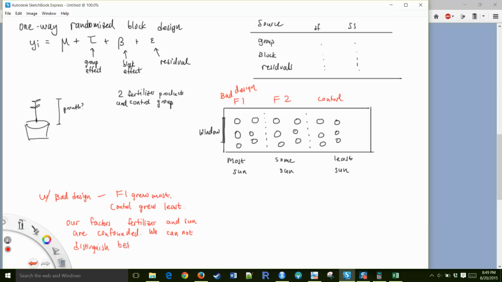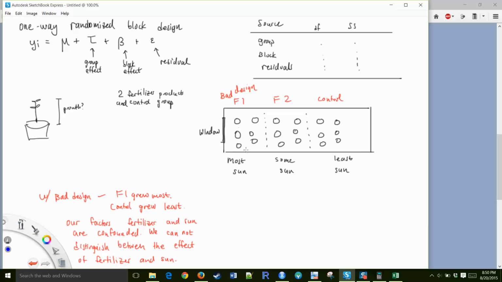So we have what we call the randomized block design, where we establish most sun, some sun, and least sun as blocks. So within this block we're going to make sure we have 2 fertilizer 1, 2 fertilizer 2, and 2 control, okay?